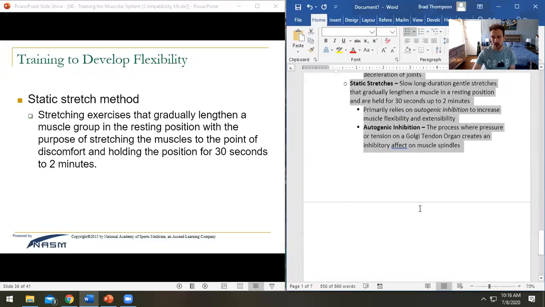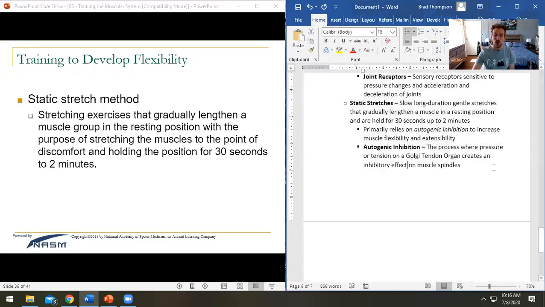If your muscle spindle is overactive because you have an overactive muscle, let's say you experienced trauma at some point, let's say you got hit while playing sports, and now you've got an adhesion or a knot in your muscle. That muscle is going to try and stay in a shortened state so that knot doesn't get pulled apart, so that it doesn't overstretch and tear. The problem is that's reducing your range of motion, so now you're going to move the wrong way. And so we want to be able to relax that muscle and get it back to full length and help the brain realize what position it's supposed to be in.